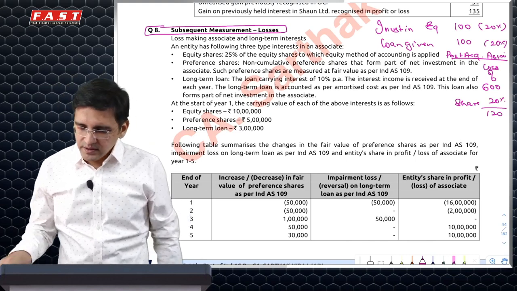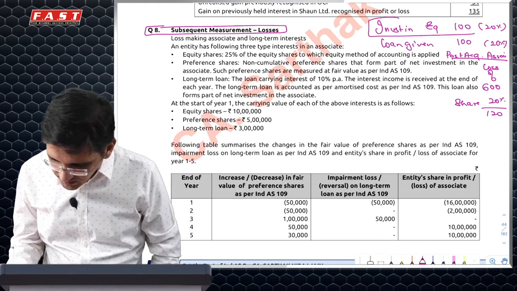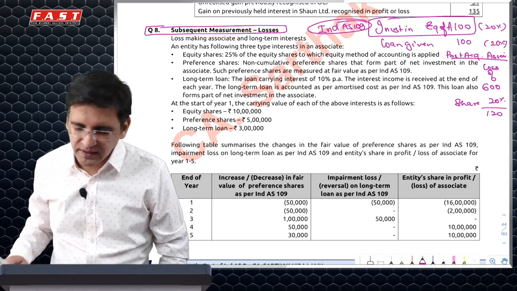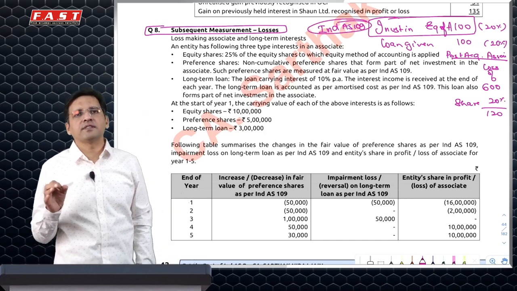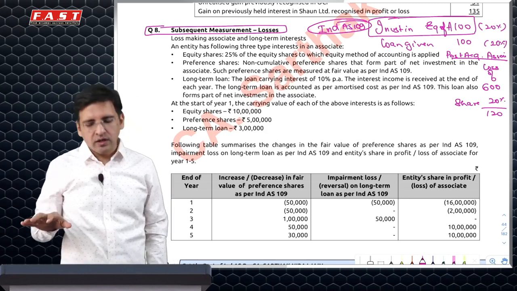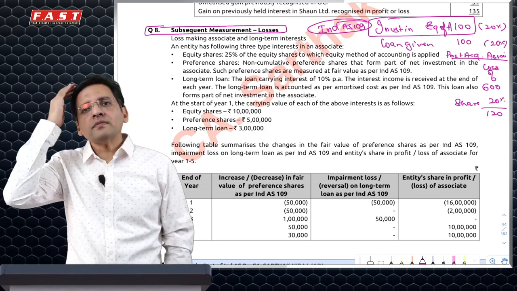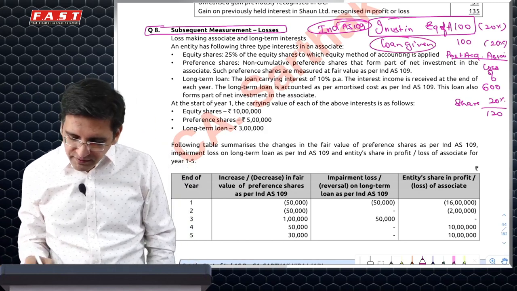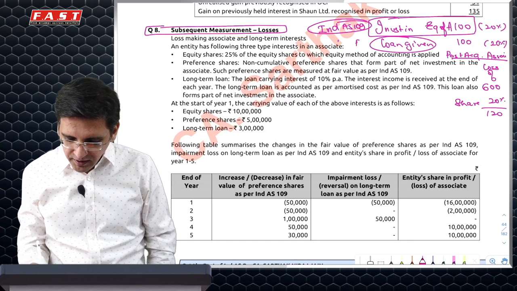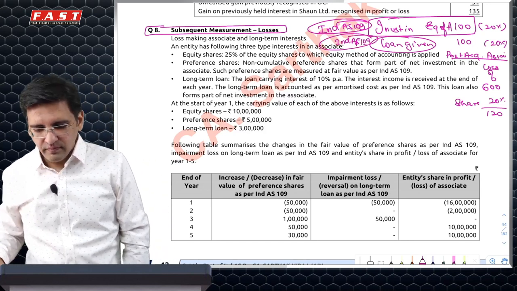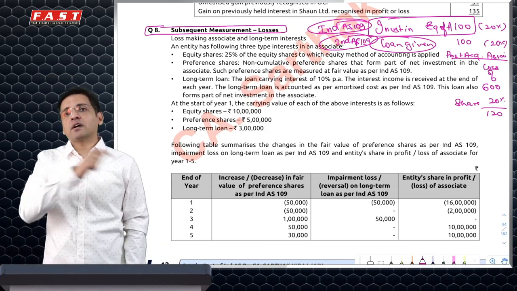My question is, this investment in equity of associate is not accounted as per Ind AS 109 because that specifically says investment in subsidiary, associate, JVs are accounted under Ind AS 27, not under 109, and consolidated as per 28. But loan given is a financial asset which is accounted under Ind AS 109. It is not accounted under 27.